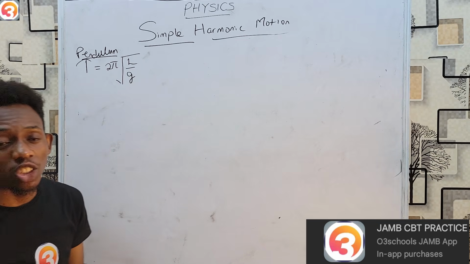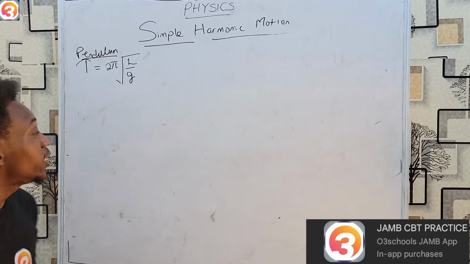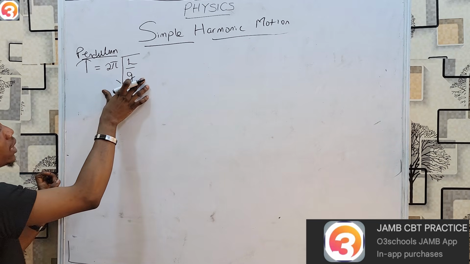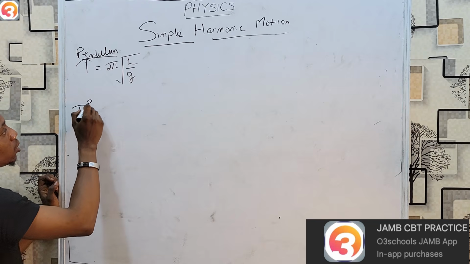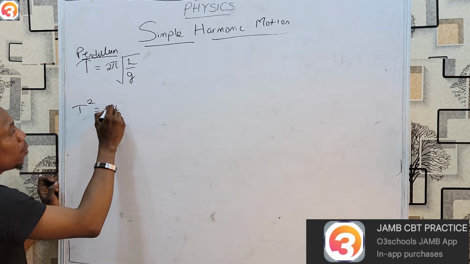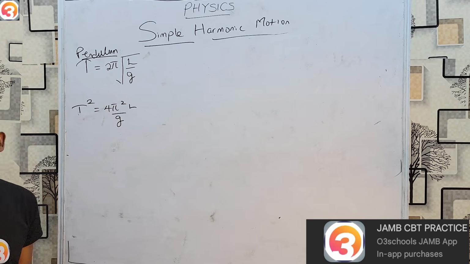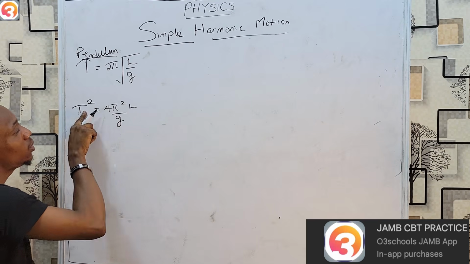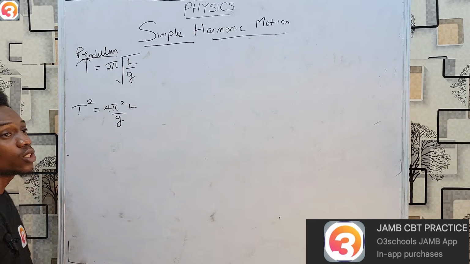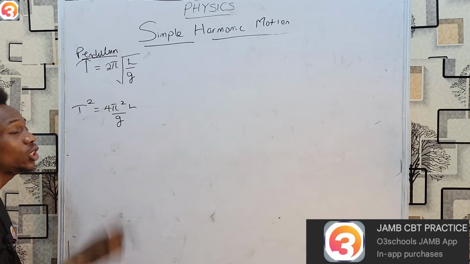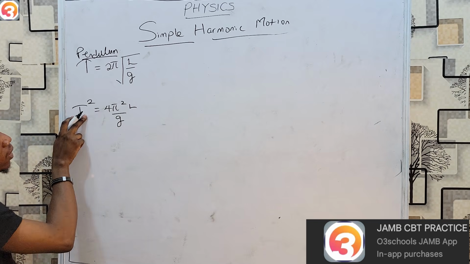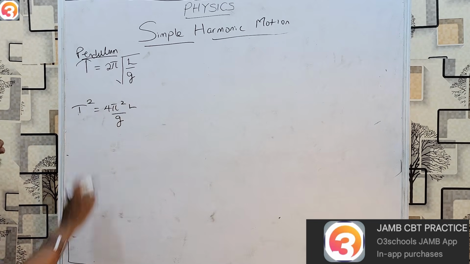Now, this g is supposed to be constant, because this formula is simply gotten from saying T squared equals 4 pi squared L over g. This is from experiments. We simply know that these two are what vary because in a certain location, g is constant. Taking the square root of both sides, we got this.